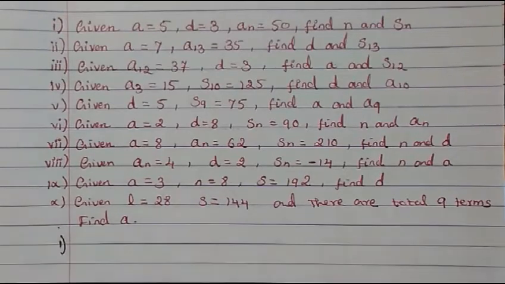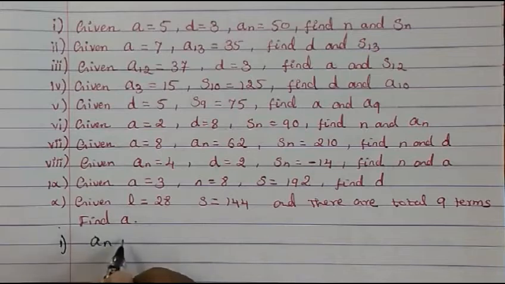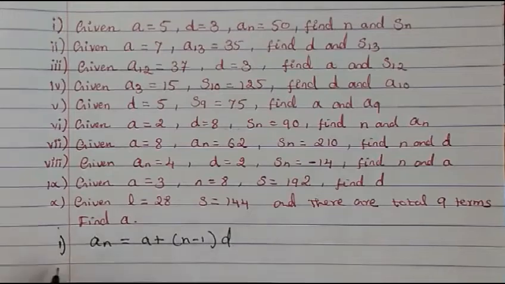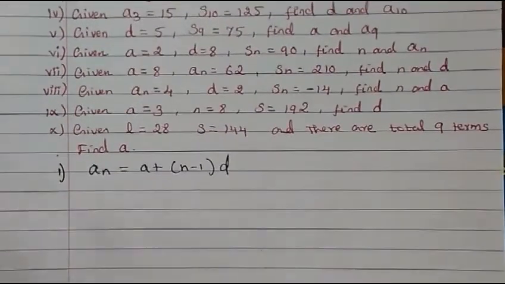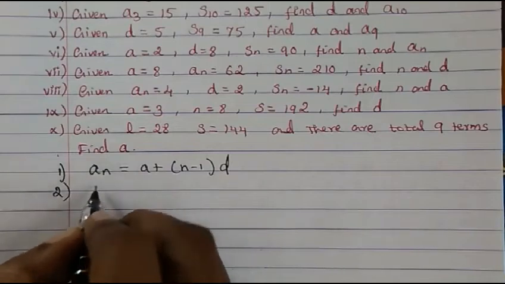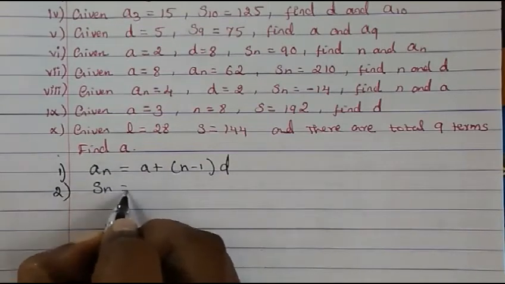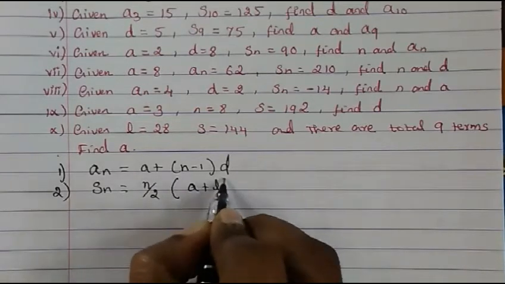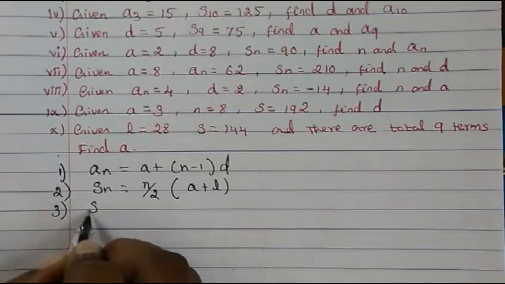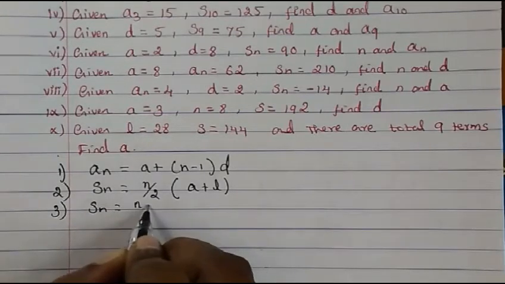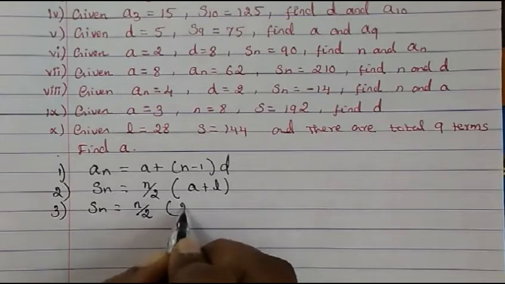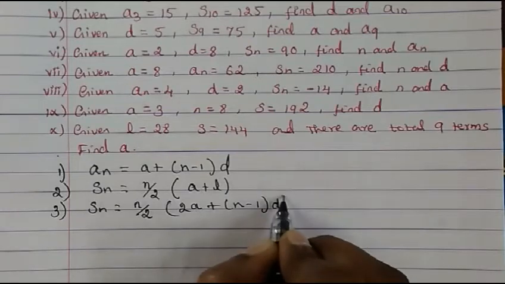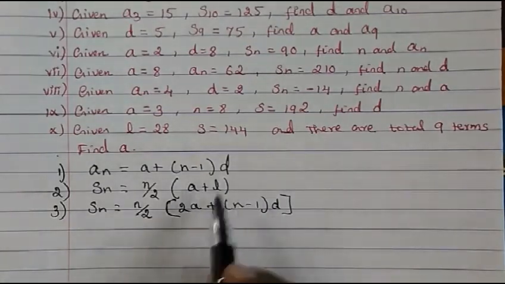One formula that you need is AN equal to A plus N minus 1 D. The other two formulas I explained in the introduction of 5.3: SN equal to N upon 2 times the first term plus the last term, and the other one, SN equal to N upon 2 times 2A plus N minus 1 D. So these three formulas you will need.